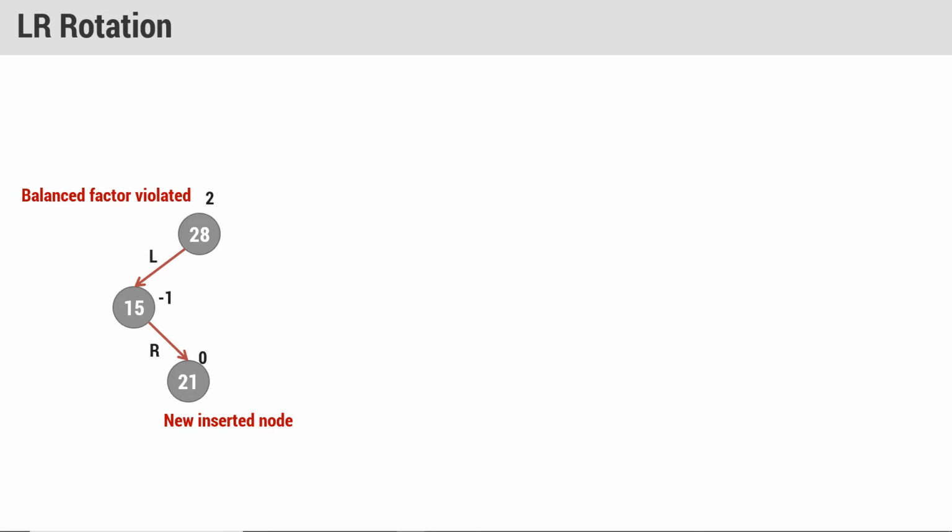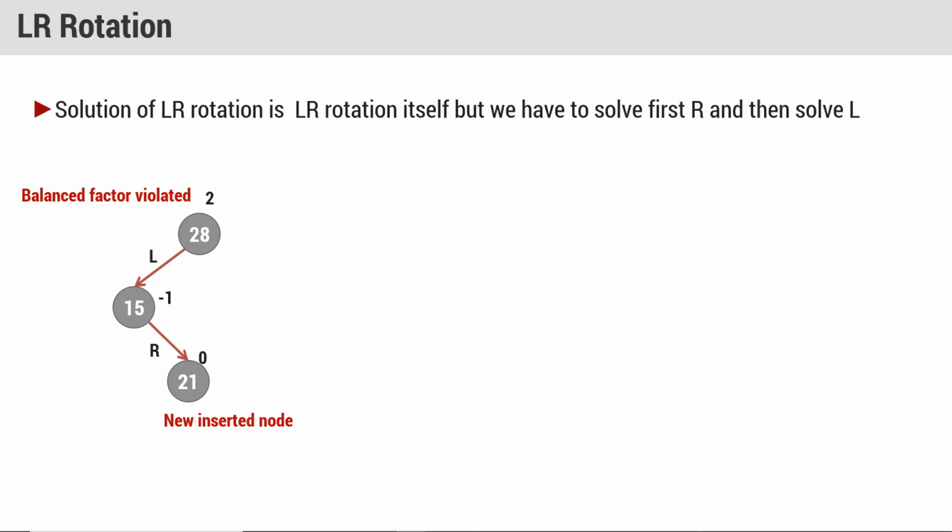So the solution of LR rotation is one LR rotation itself, but we have to solve first right rotation and then solve left. So first of all, left rotation at node 15. So our tree becomes like first we have node 28, then 21, and then 15.